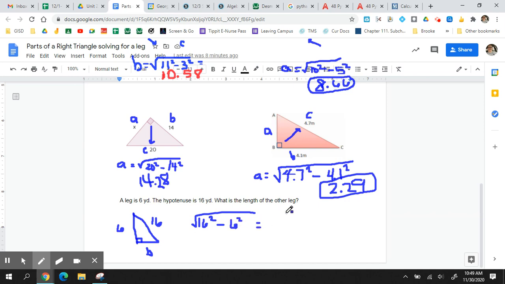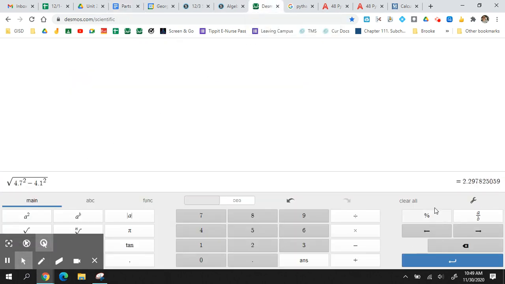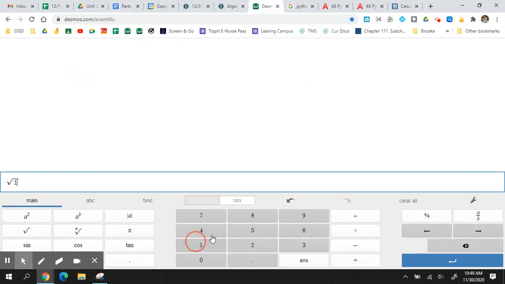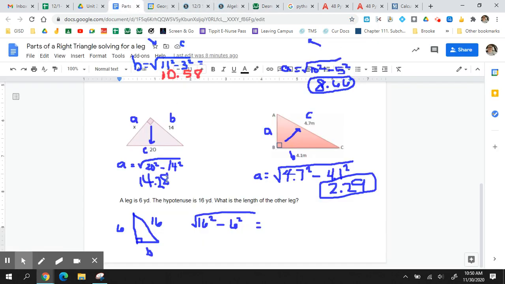Please put it in your calculator. Don't assume that you can do 16 squared minus 6 squared and it gives you 10 squared. No, it doesn't. Put it in your calculator. 16 squared minus 6 squared. 14.83 would be my other leg. That's what it's asking for.